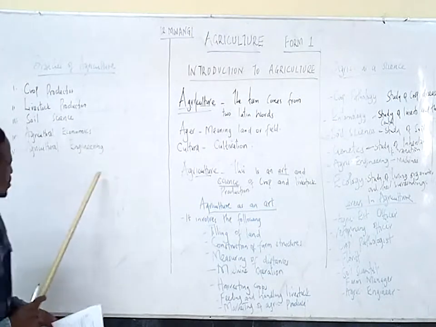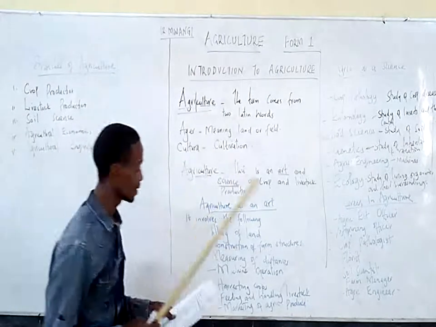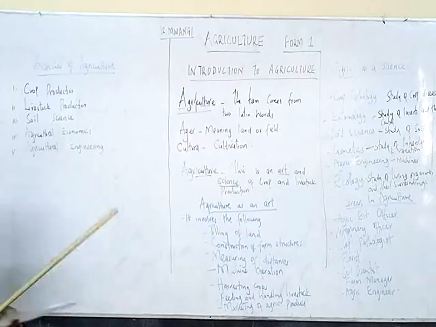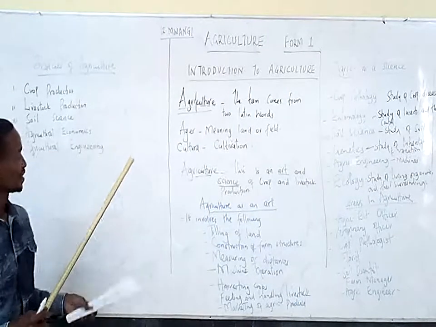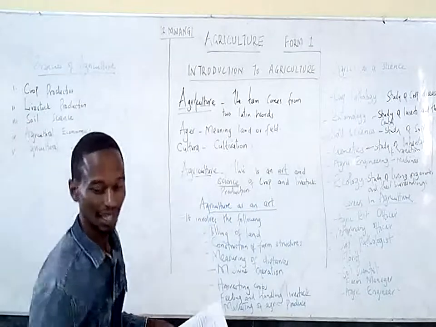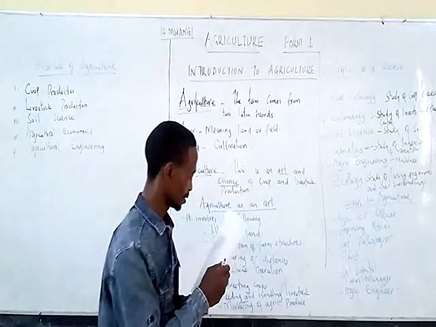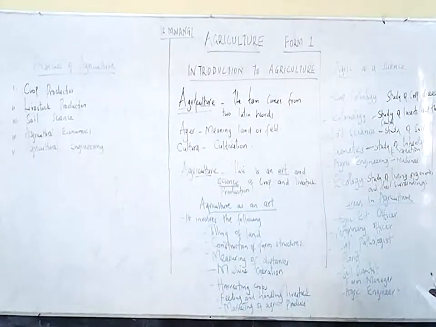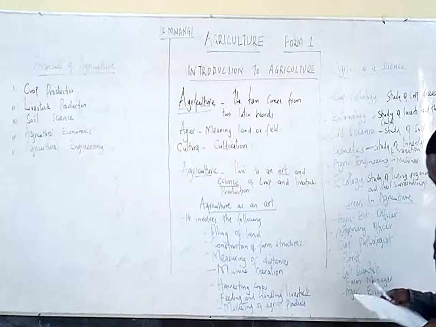In agricultural engineering, this is a branch that deals with things like machinery and the new inventions, which make agriculture easier and also help to maximize the outputs in agriculture.